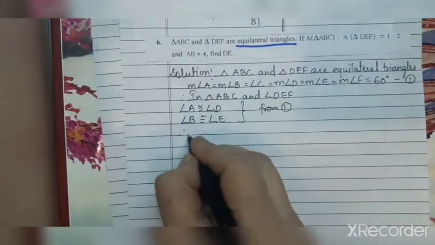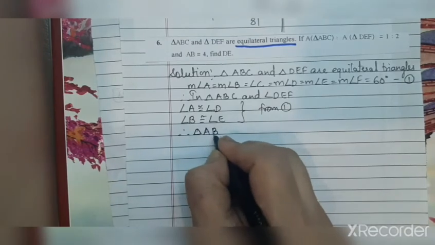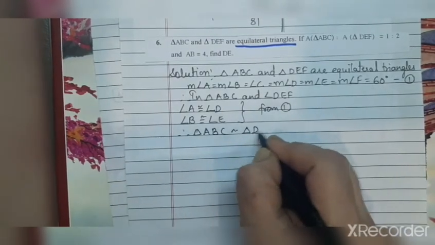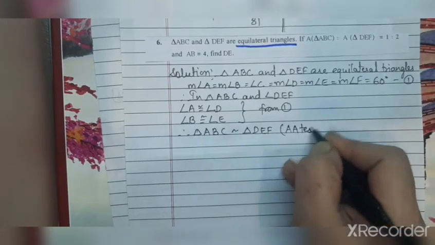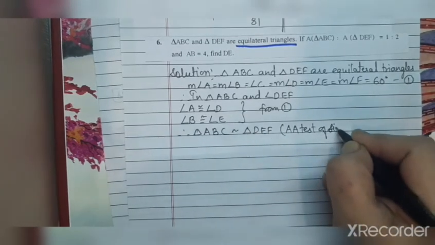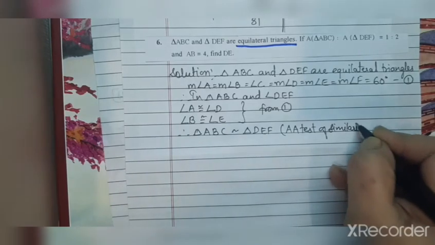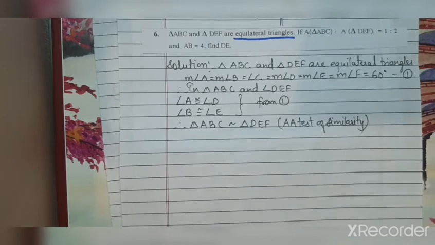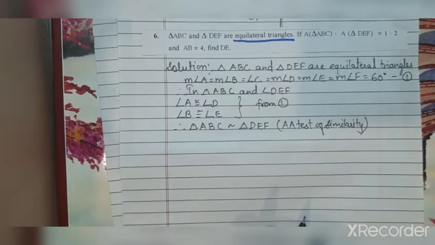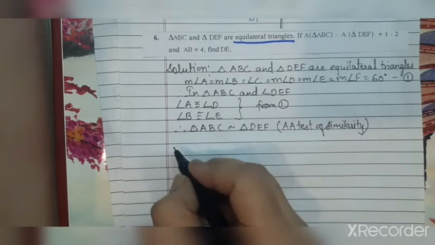Therefore, the triangles are similar by, yes, by what test? By AA test of similarity. Here we go. So, we have got already that the triangles are similar. Now, we have no problem to use the theorem of areas of similar triangles.